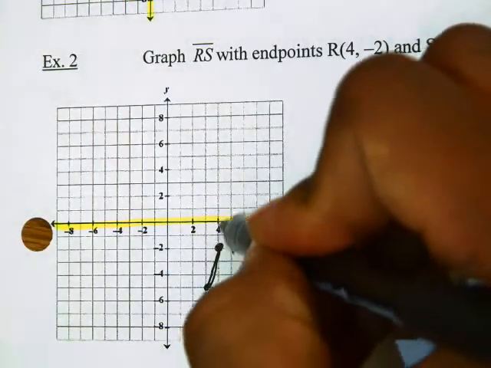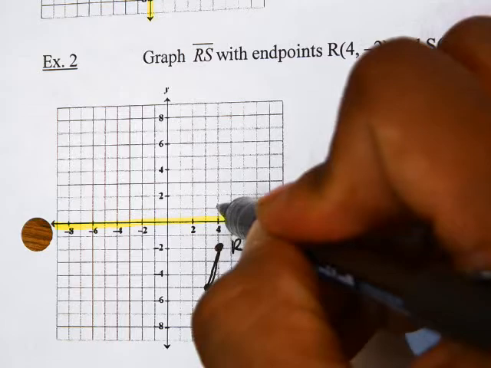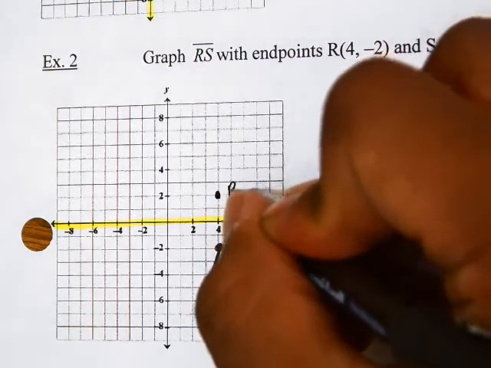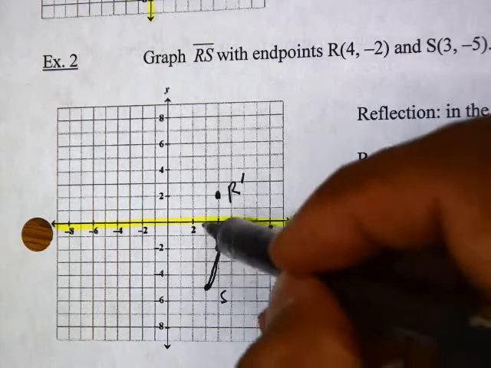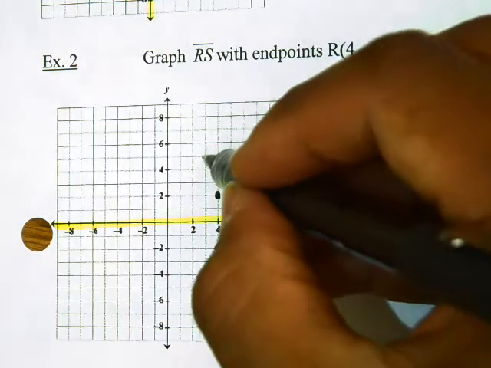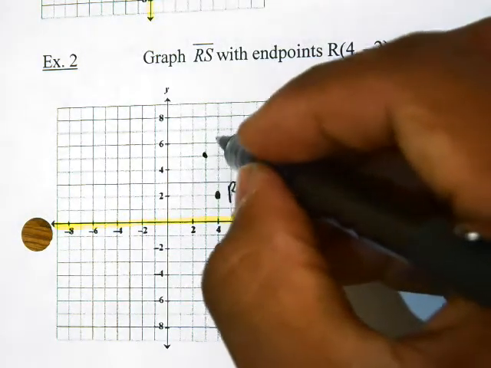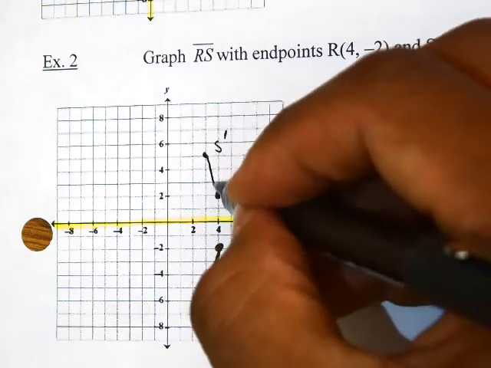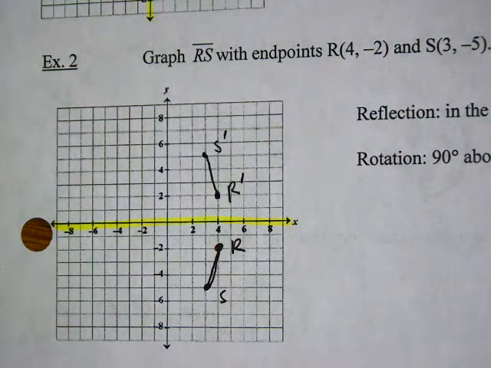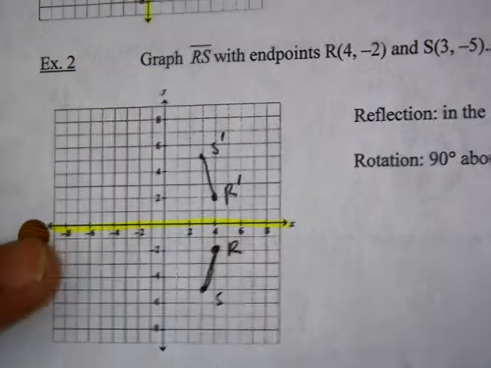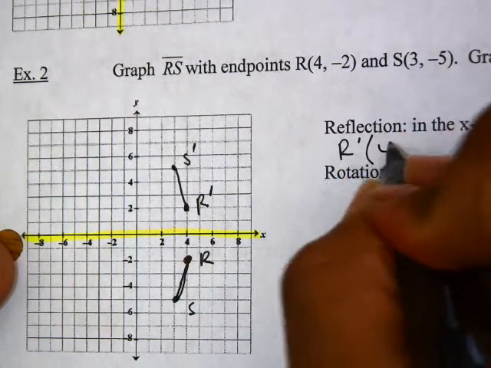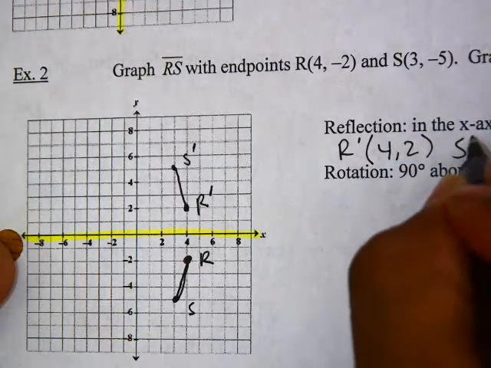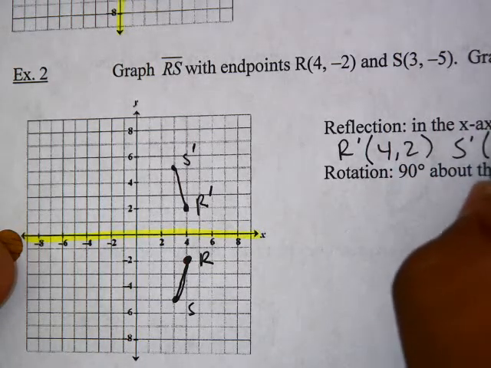So R is 2 units away from the axis, so 2 units above would be R prime. S is 5 units below, so 5 units above would be S prime. So to have R prime and S prime handy, R prime is 4, 2, S prime is 3, 5.